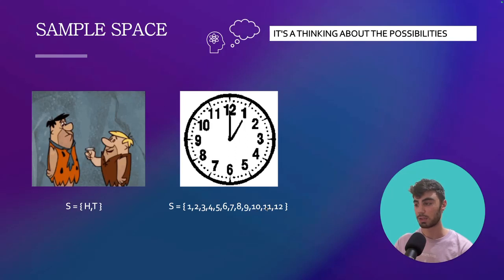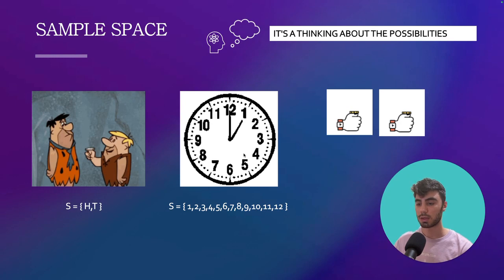No, it's not from 1 to 12, because when we look at the clock, and if you forget about the minutes or seconds, we see one hour, right? For example, it's 1 o'clock, it's 2 o'clock, and so on. So our sample space will consist of one element.